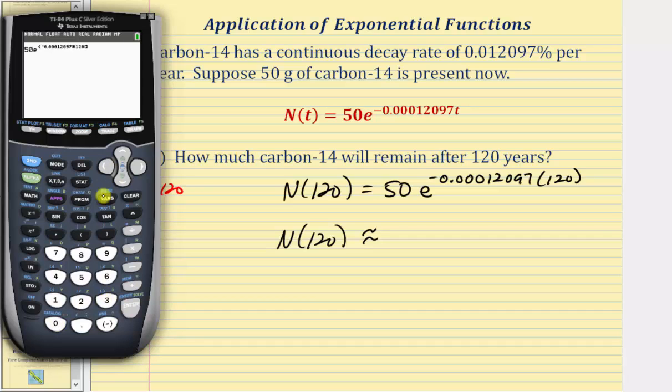Now in the newer version of the 84 like I have here, the parentheses around the exponent is not required, but it is always nice to clarify that product is the exponent. So if we press enter, if we round to 3 decimal places, we'd have approximately 49.279 grams of carbon-14 present after 120 years.